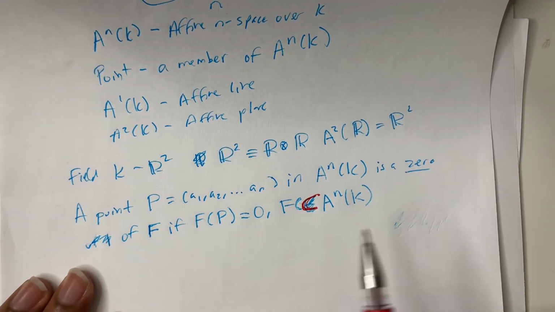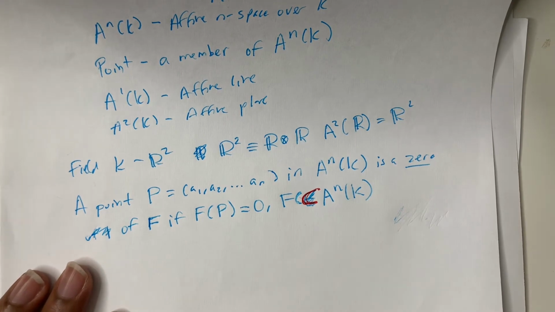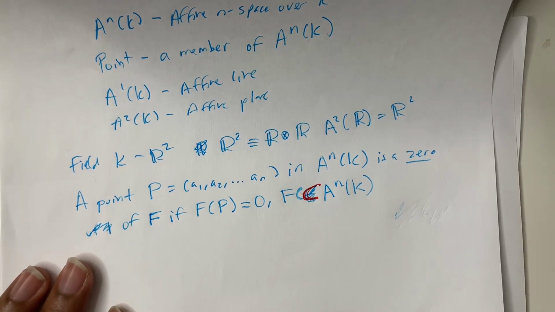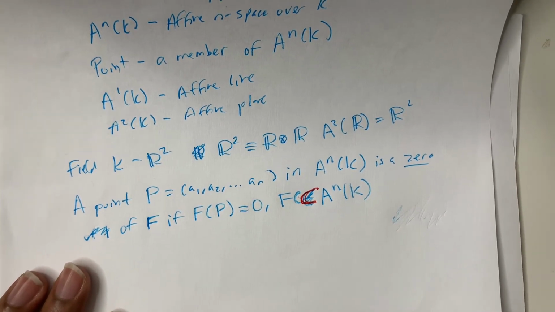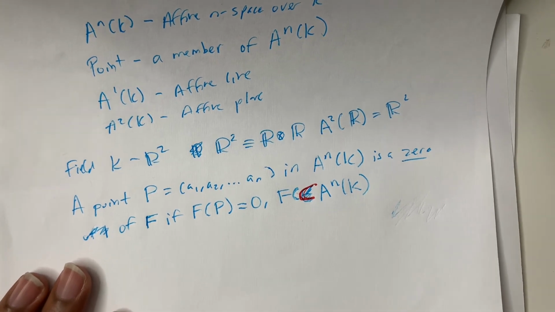So again, a point in A_n(K) is a zero of f, where f is a function, if f(P) = 0, where f here is a subset of A_n(K). Why is this the case? Let's go back to R^2, a really nice field to fall back on if we're losing our comprehension.